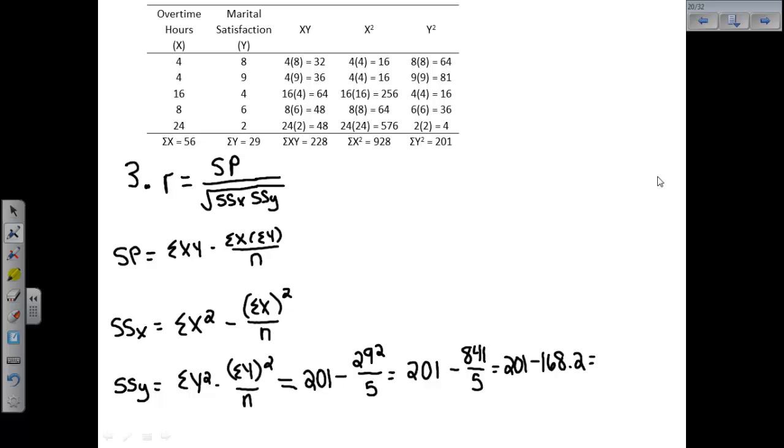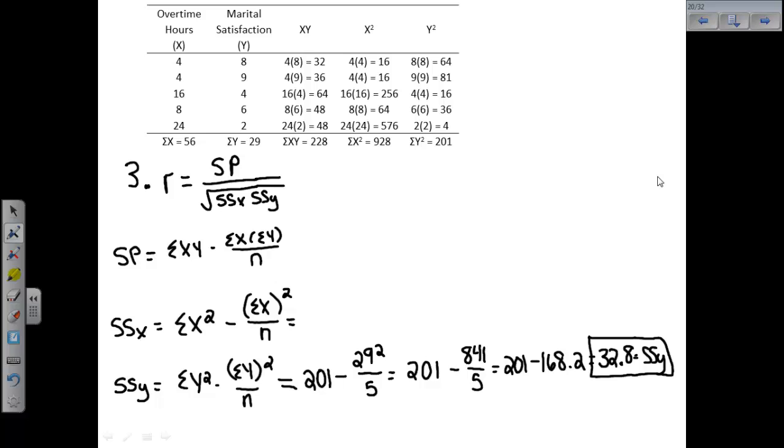And your final value for the sum of squares y is 32.8. Sum of squares y. All right. Again, write your formulas, write each step, and then highlight your final answers so that when you go to plug in your thing that you need for r, you can find it easily.